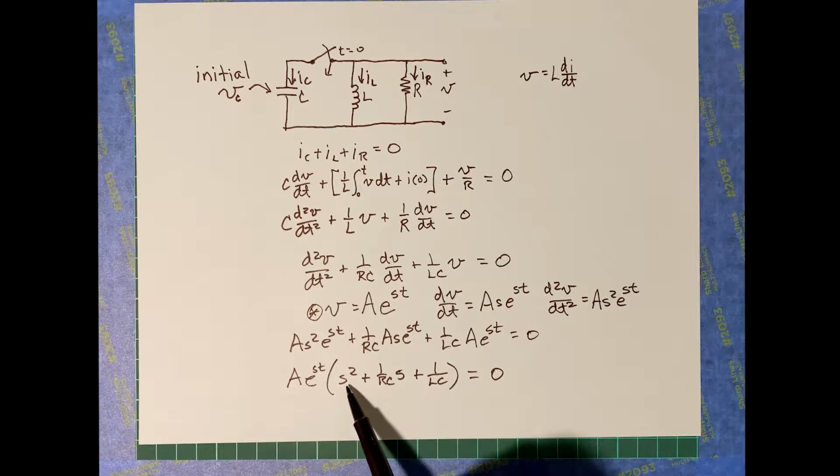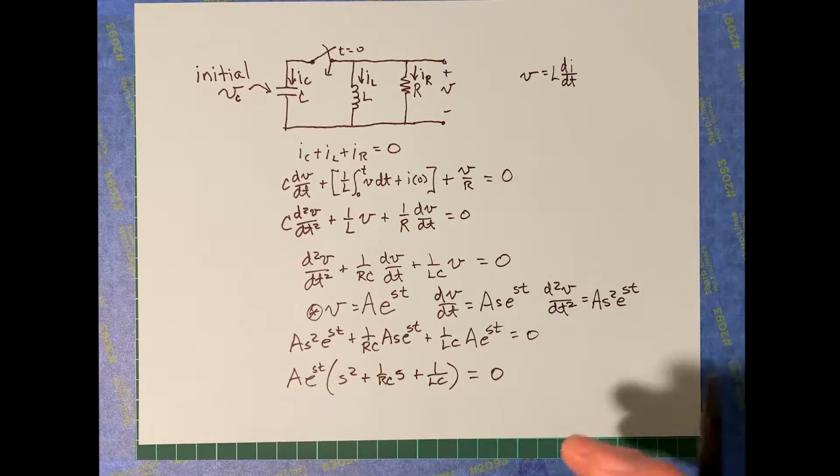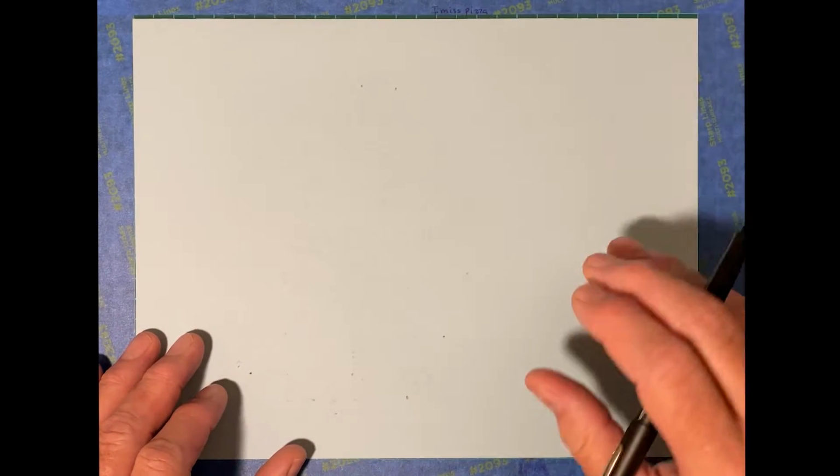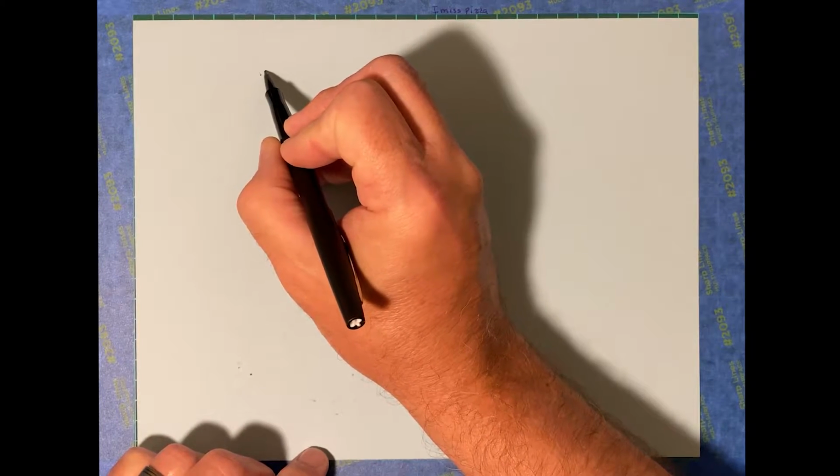And you know that we're going to have two solutions because it's a quadratic, so there's going to be an S1 and an S2. Now, like I said, I'm going to skip a few steps. I'm going to jump straight to the solution. You could use a quadratic formula and plug this in and you would get the same answer.